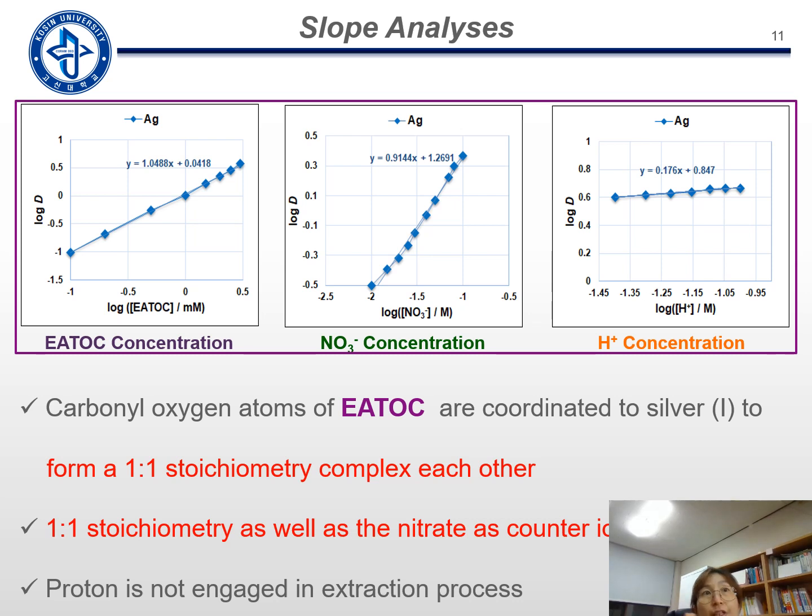Finally, in the right figure, the slope of the straight line is about 0.18, which indicates that a proton is not engaged in the extraction process.